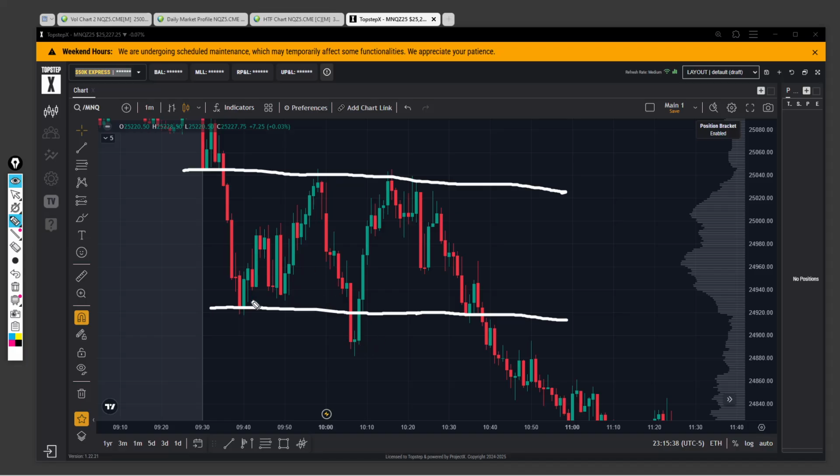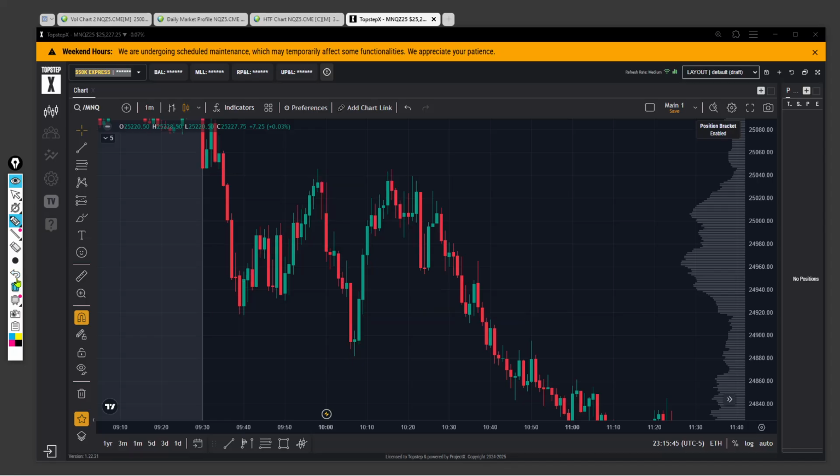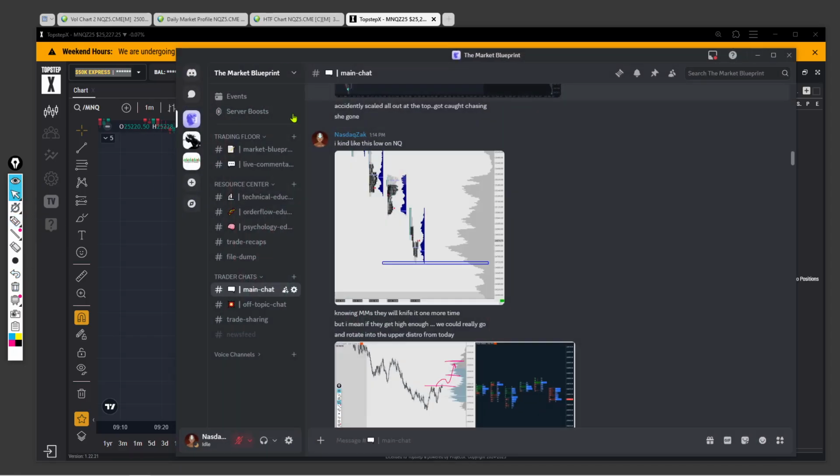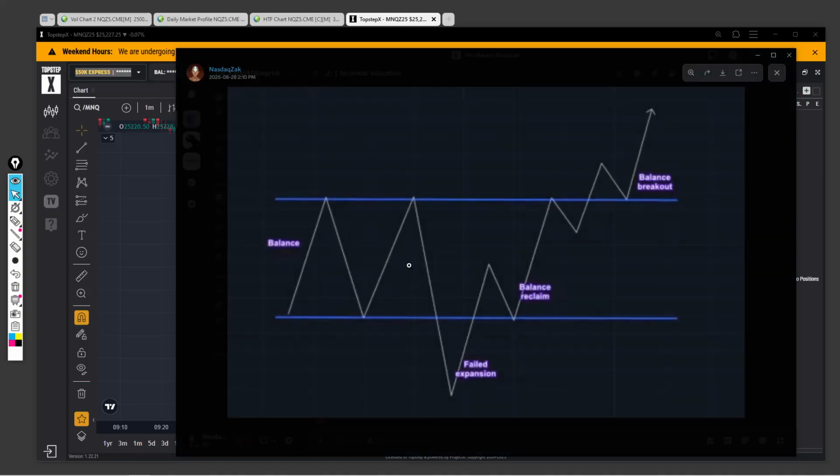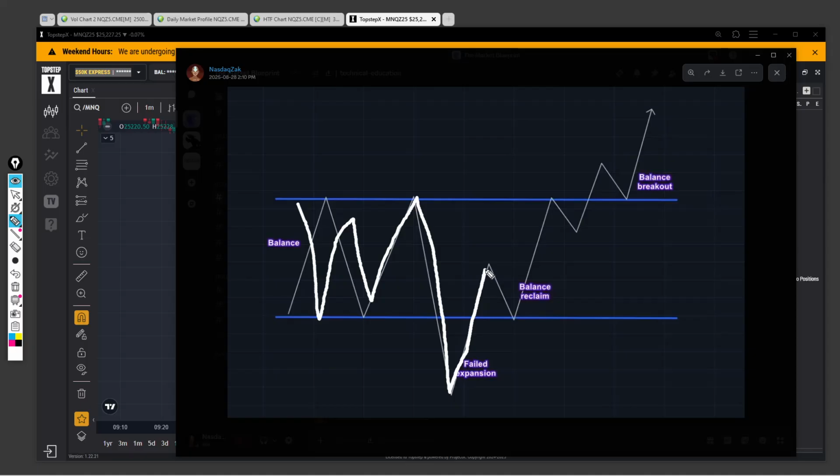But you can see this is very similar to a failed expansion, right? If I go to my Discord, let me pull that up very quick. Let's go here. You can see there's the range and the look below the range, which we call the failed expansion, or you can just call it a look below. That's fine as well.